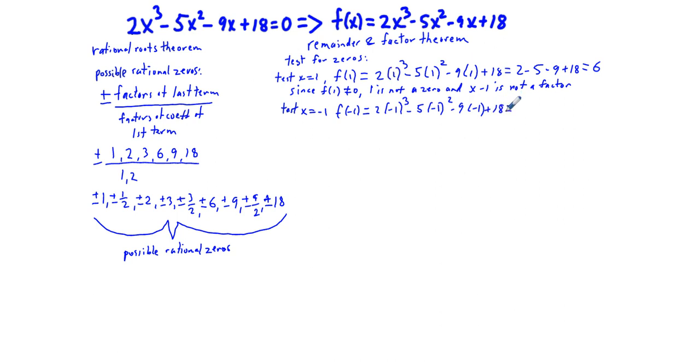Simplifying, 2 times negative 1 cubed is negative 2, then minus 5, and then minus 9 times negative 1 is plus 9, and then plus 18. Negative 2 minus 5 is negative 7, plus 9 is 2, plus 18 is 20.